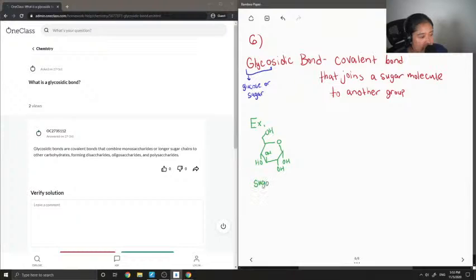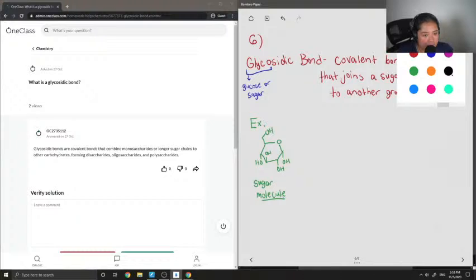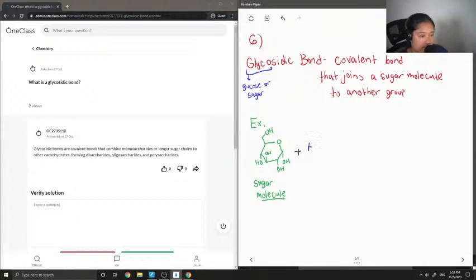I couldn't tell you what this one is actually called, but this is just an example. And then I'm going to add another alcohol group. Let's say this is ethanol. But it can be really any other group.